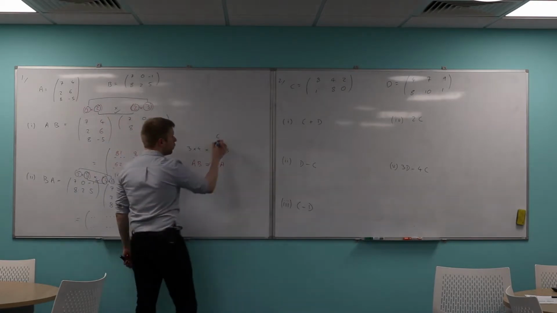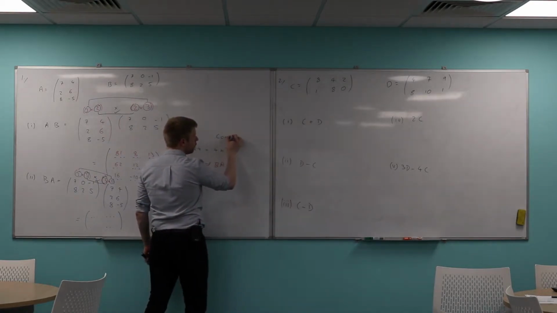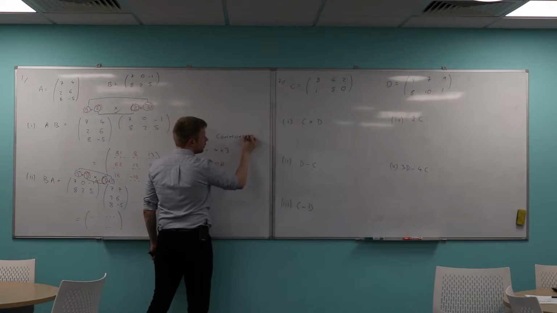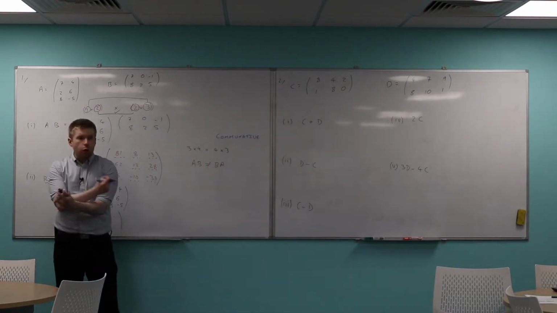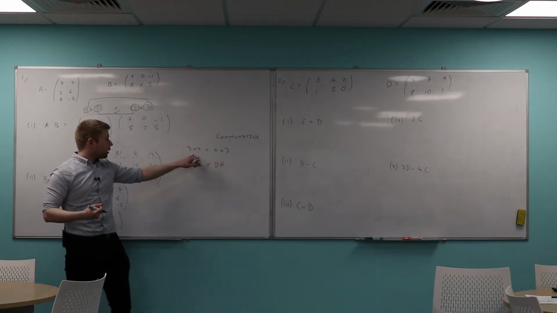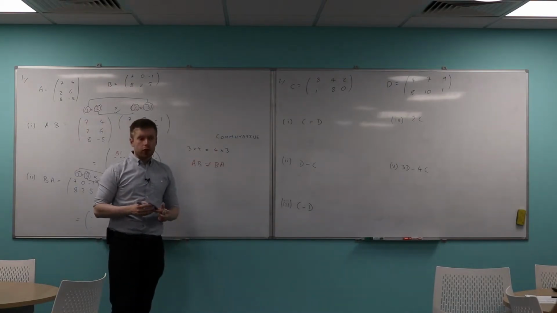We call that a commutative operation. In other words, multiplication is commutative. It means you can do it in either order. So 3 times 4 is the same as 4 times 3.